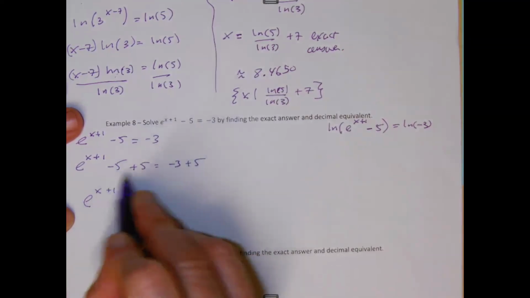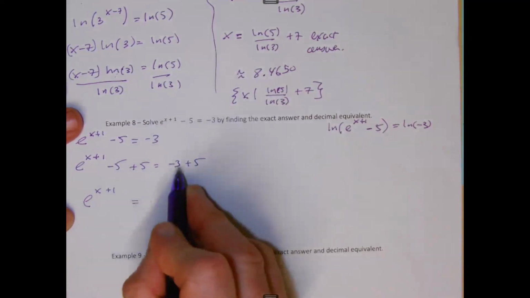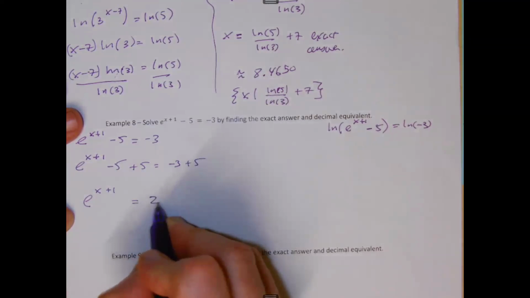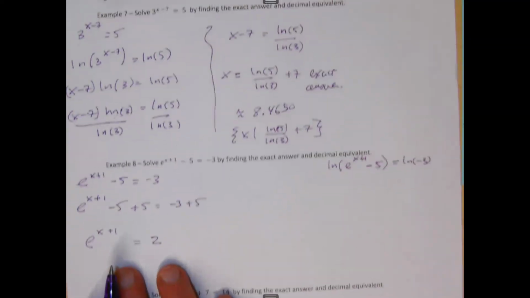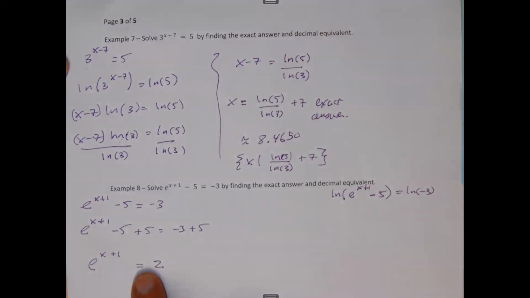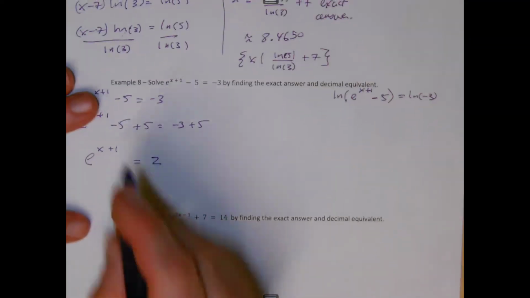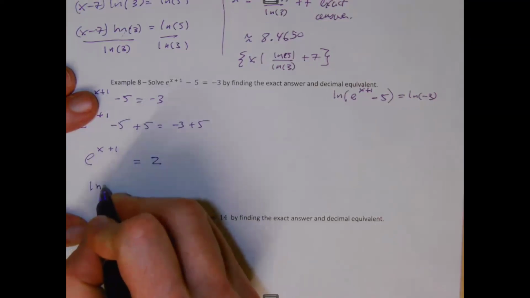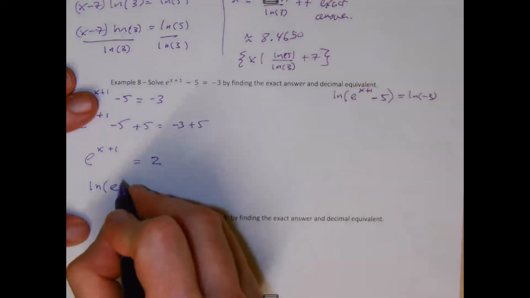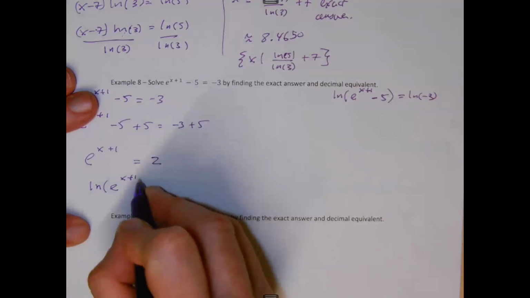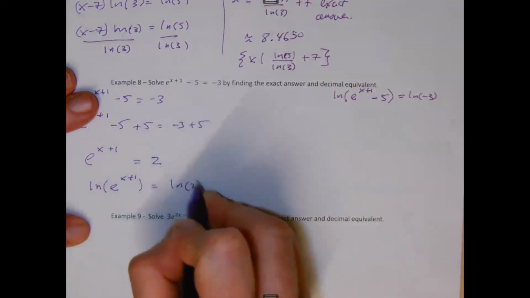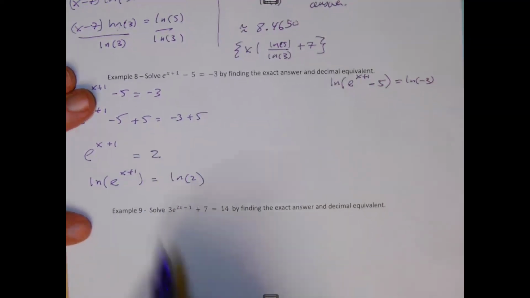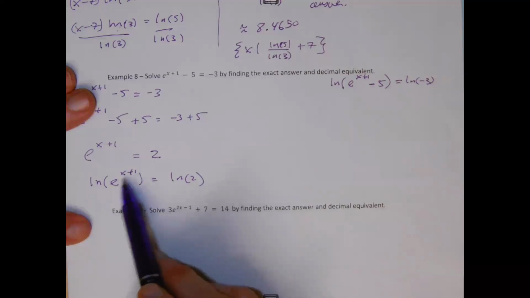I'll show that step so you can make clear what I am referring to. So this adds up to 0. Here I got negative 3 plus 5 is 2. And now, see, it looks just like this. And now the steps are identical. So I'm going to take the natural log of both sides, except this one has a nice little clause. The big difference is I don't need the power rule.